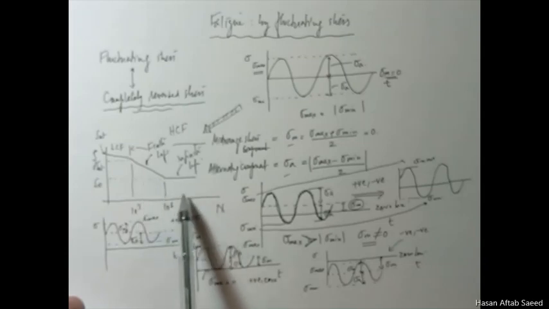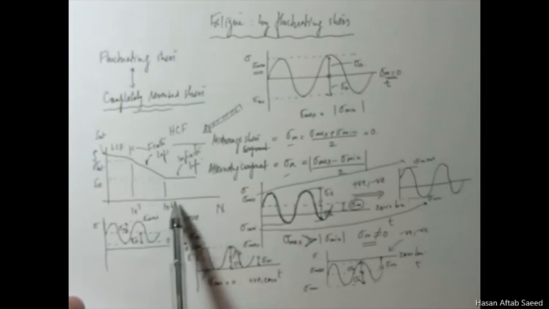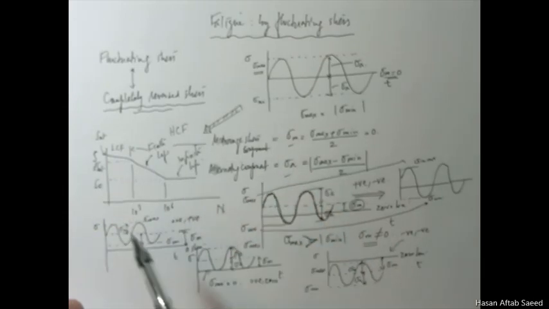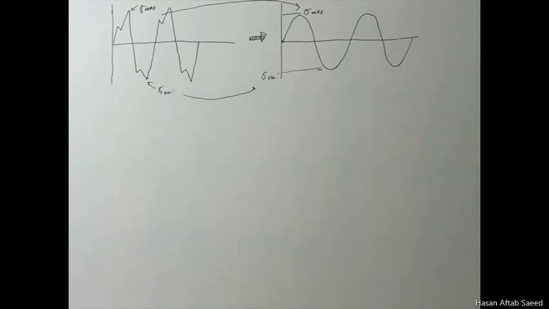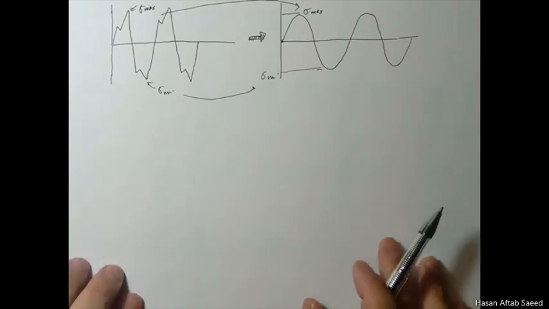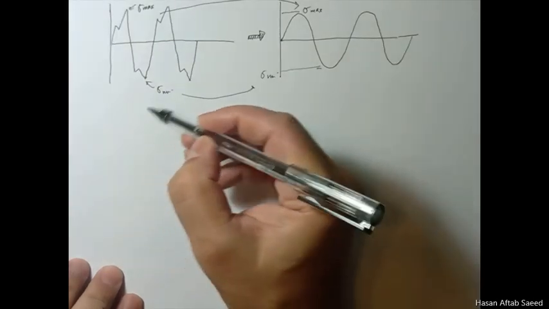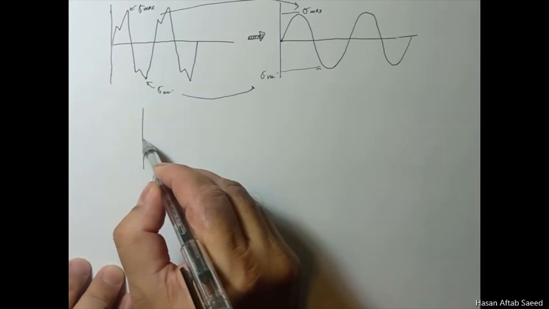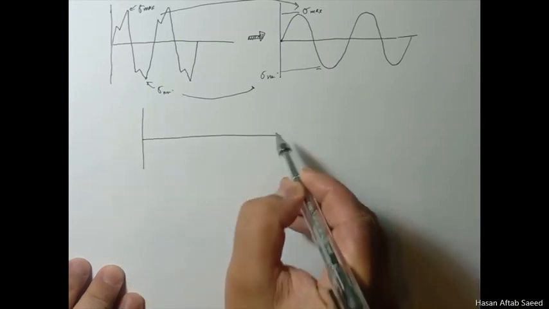If you want to design something for infinite regime, infinite life, then you can just take SE. But all this assumes that the load is fully reversed. Now in this case, and I'm going to draw a general case here, general fluctuating case, and it will be valid for all sorts of varieties that we have seen.